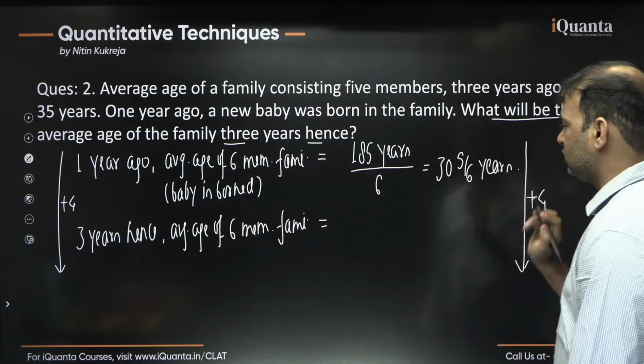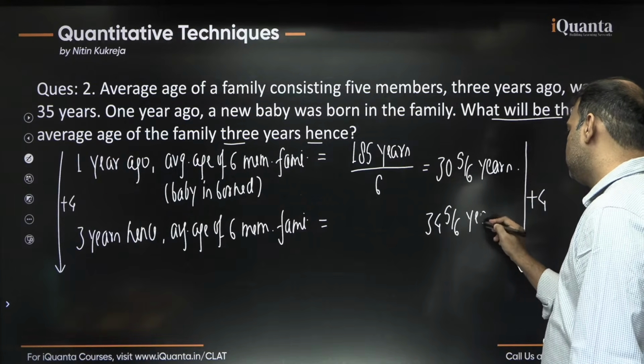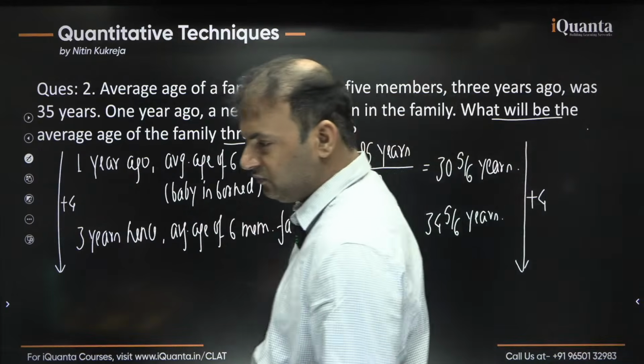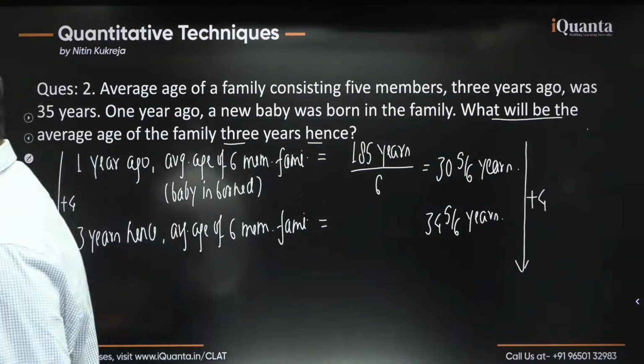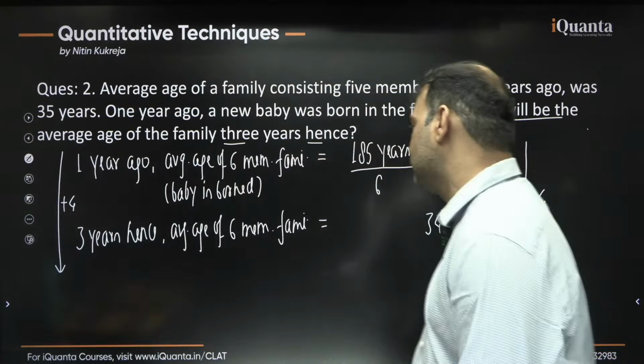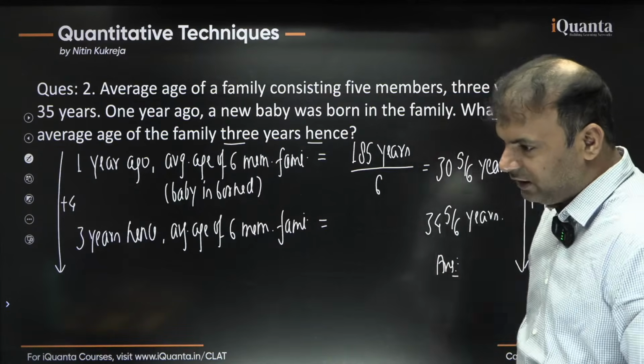So we can say this has to be 34 is to 5 by 6. Simple, right everybody? The average age should also increase by 4 years. So this should be 34 is to 5 by 6. And finally, we are able to solve this question. The final answer has to be 34 is to 5 by 6 years. Any doubt? Please let me know.